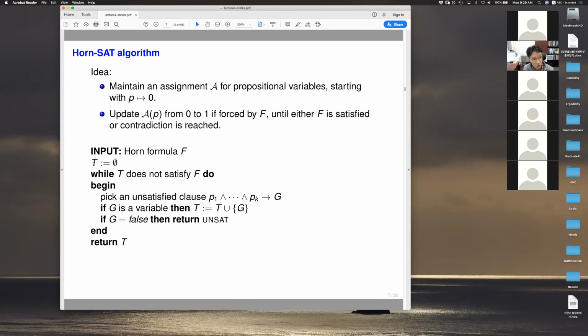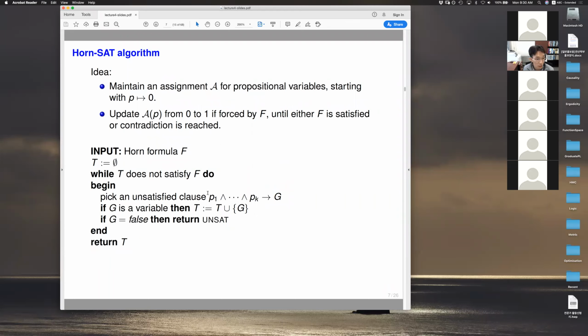When we say T does not satisfy F, we really mean the corresponding assignment A does not satisfy F. Then we repeat this process. The reason T does not satisfy F is that one of the clauses is not true. If all the clauses in F are satisfied, then we are done. So there has to be some unsatisfied clause.